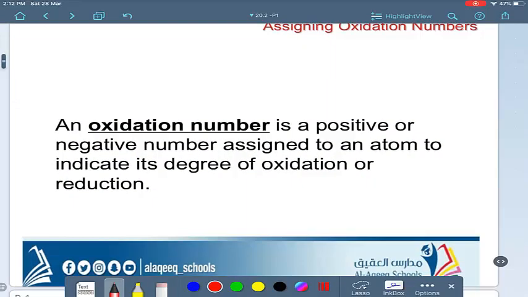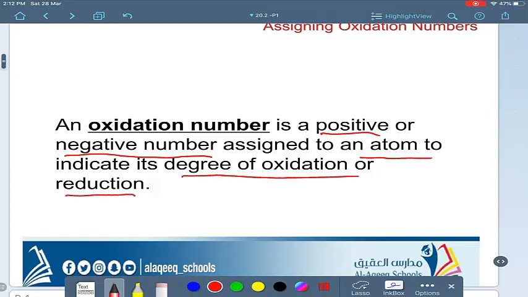What is meant by oxidation number? Oxidation number is the positive or negative number assigned to an atom to indicate the degree of oxidation or reduction. Recall what we studied about oxidation and reduction before.